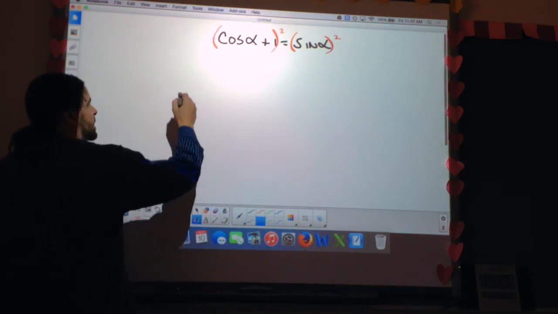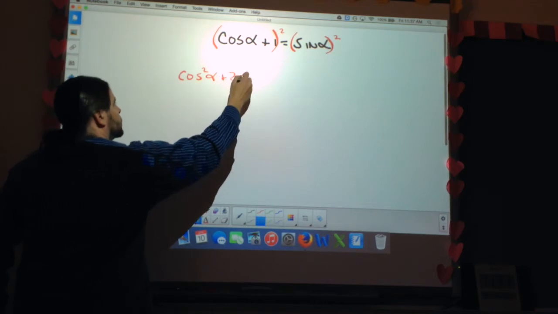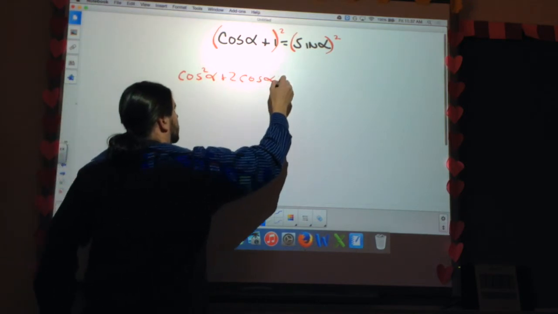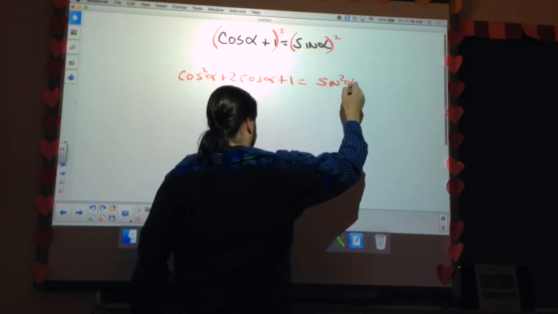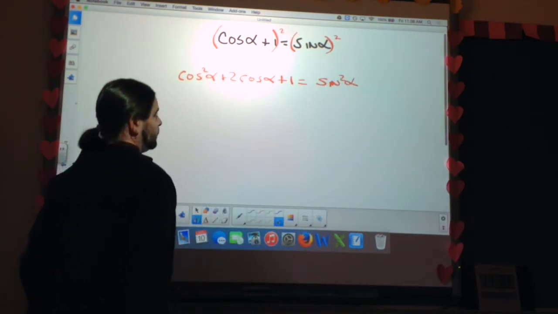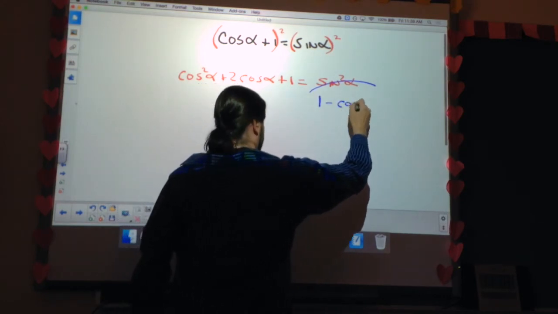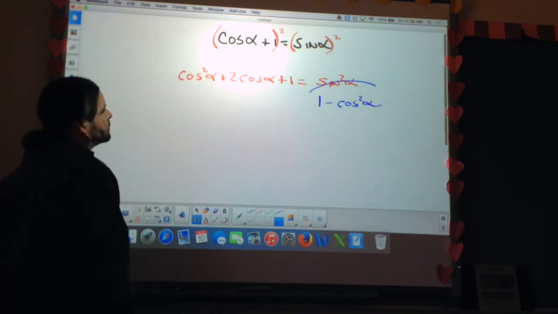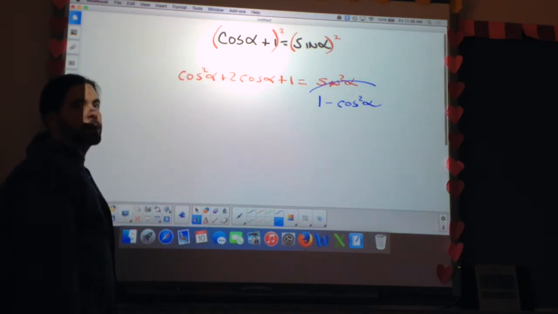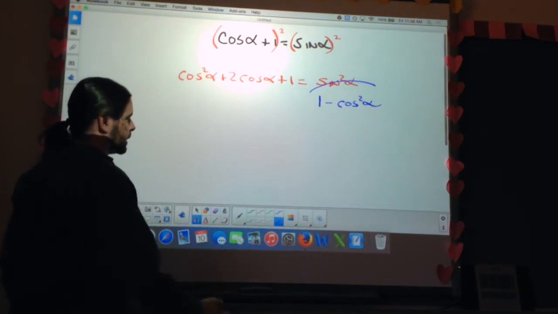So if I square both sides, now I have cosine squared of alpha plus 2 cosines of alpha plus 1, and that would equal sine squared of alpha. I can use a Pythagorean identity and say that's 1 minus cosine squared. And now everything's in terms of cosine squared and cosine. So I can look at it as a quadratic.